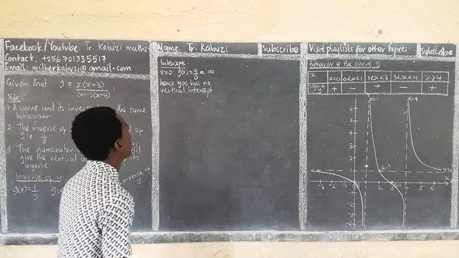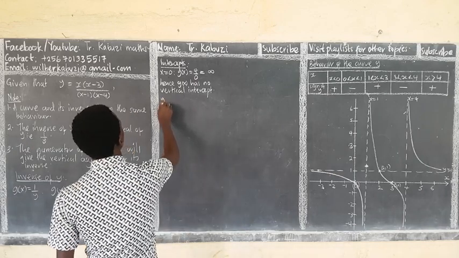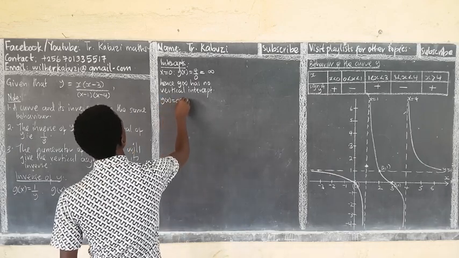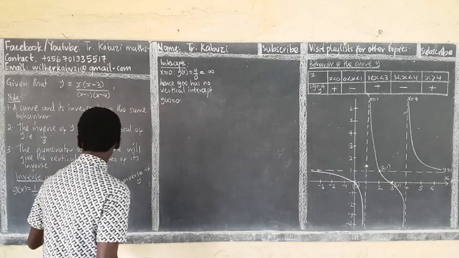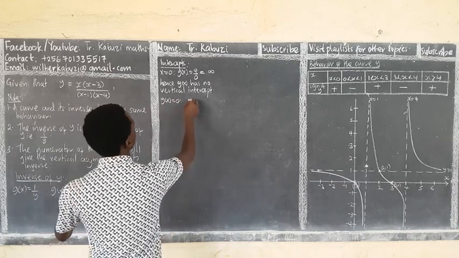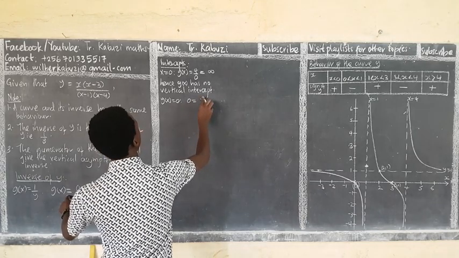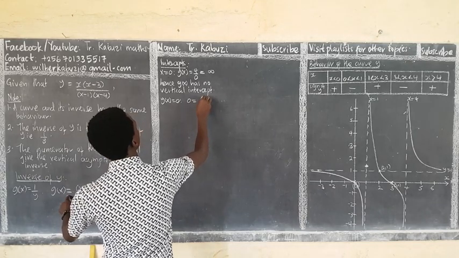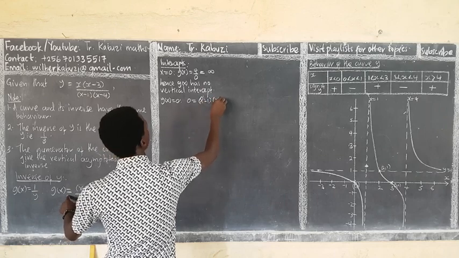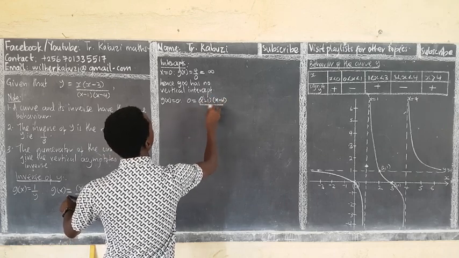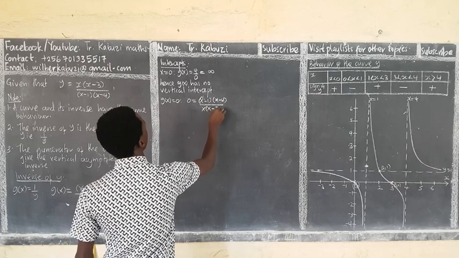So then we come to the other. When g of x is 0, what do we get? If we set g of x to 0, we shall have 0 equaling x minus 1 into x minus 4 over x into x minus 3.